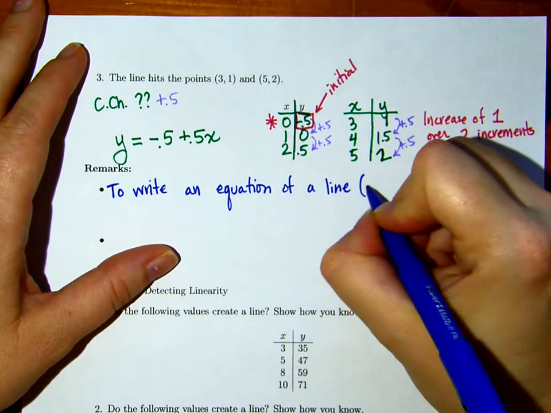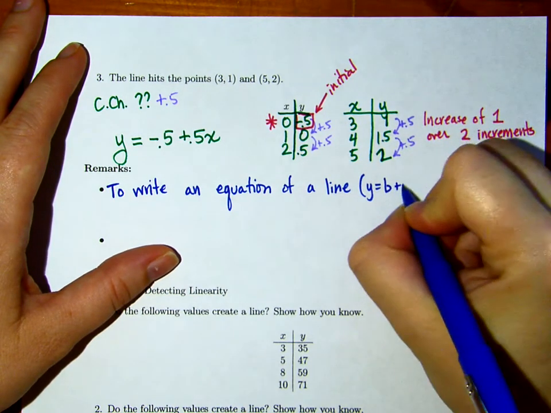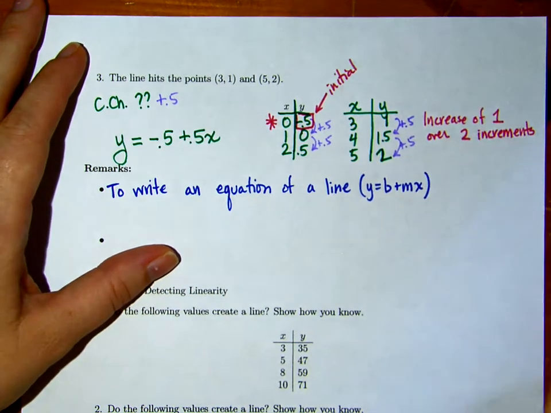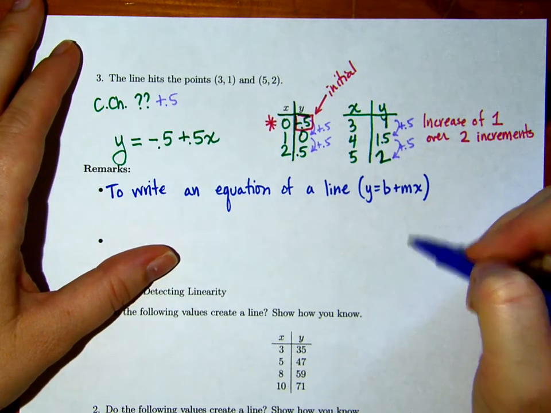I'm going to write it like this, where we have the initial, the constant change, and the number of times that constant change happens.